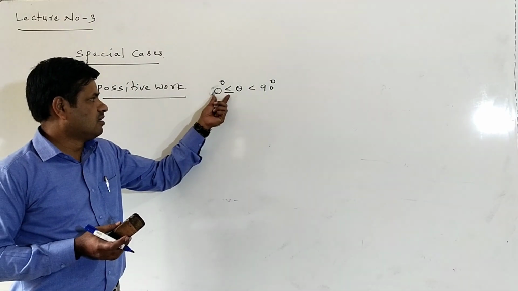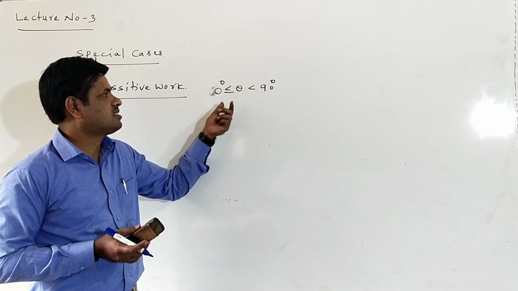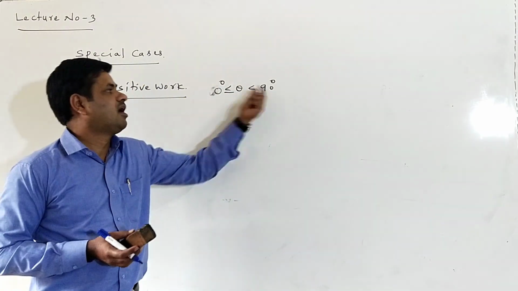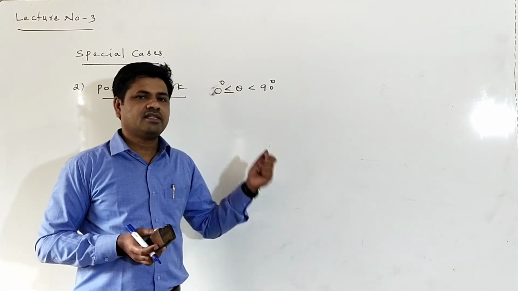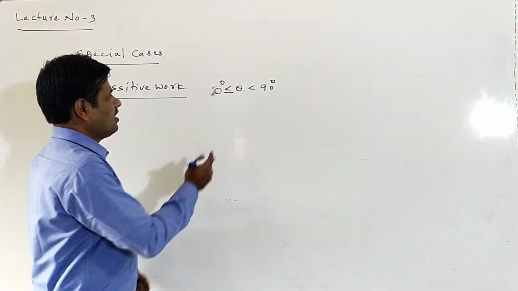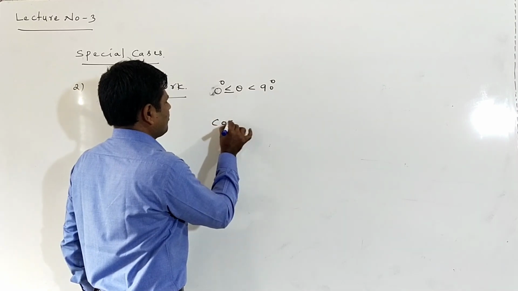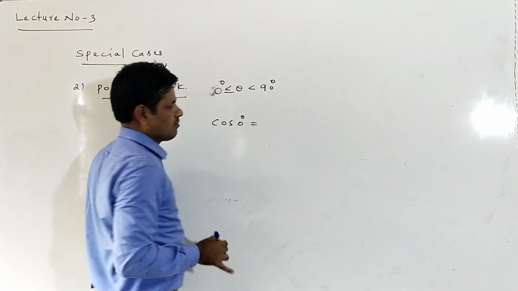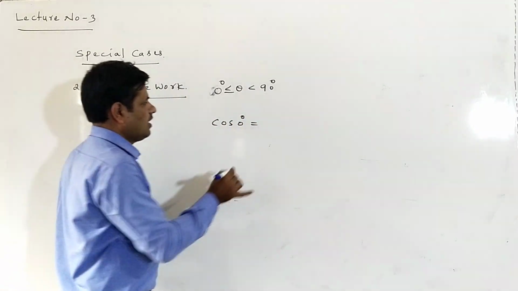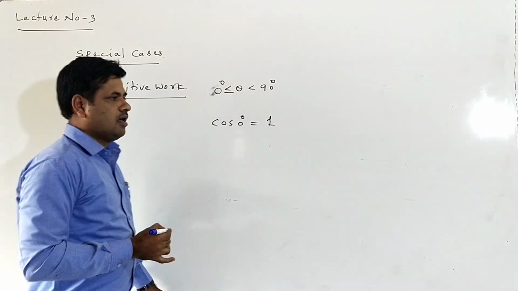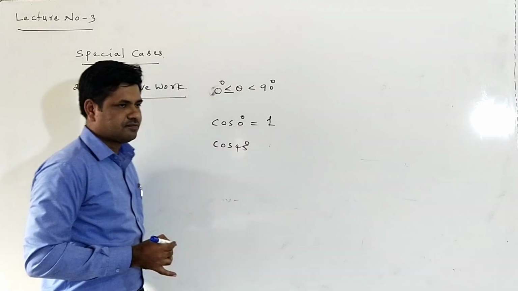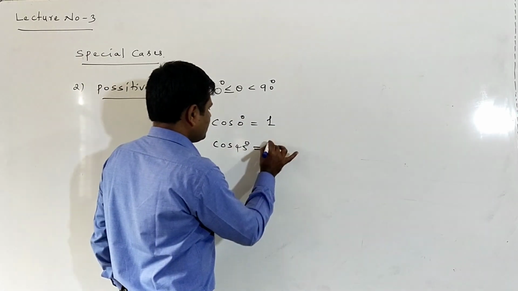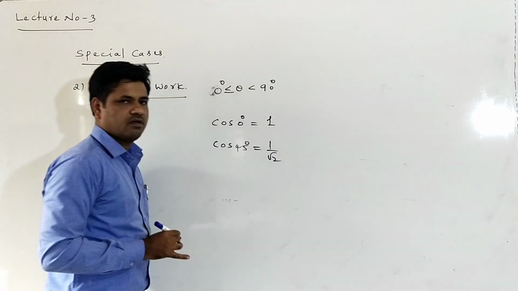Here the theta value is equal to 0 degrees or larger than 0 degrees, smaller than 90 degrees, but not equal to 90 degrees. Listen to the condition clearly. In all these cases we check the cos theta value. Suppose I check cos 0, the value is equal to 1. I check cos 45, which also lies between 0 and 90; cos 45 is equal to 1 by root 2.